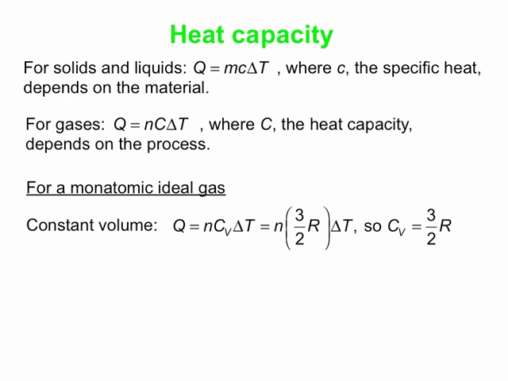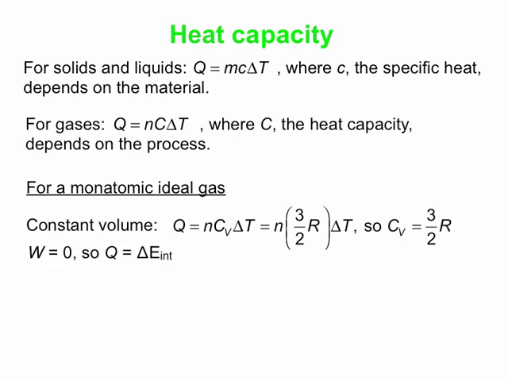For a monatomic ideal gas, interestingly enough, we have a constant that only depends on whether it's monatomic or not. So any monatomic gas will have the same heat capacity at constant volume, 3/2 R, because R, of course, is the universal gas constant.